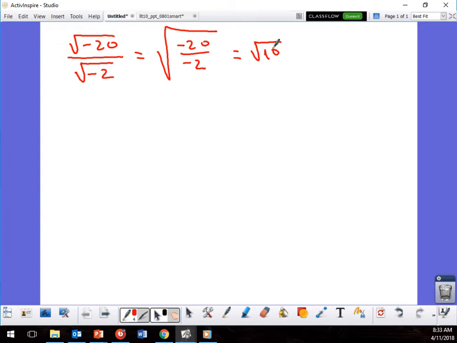Break it down. Okay, if I were to break it down with i's instead, let's see how that works out. On top, it's going to be square root of -1 times square root of 2 times square root of 5 times square root of 2, right? 2 times 10.